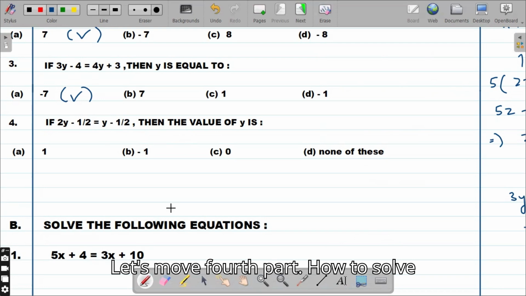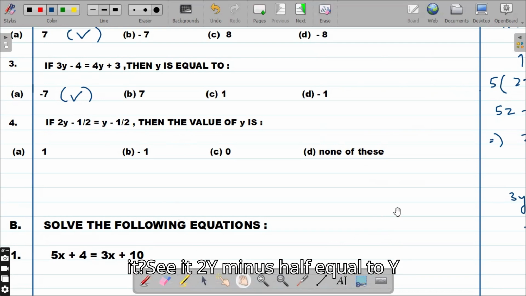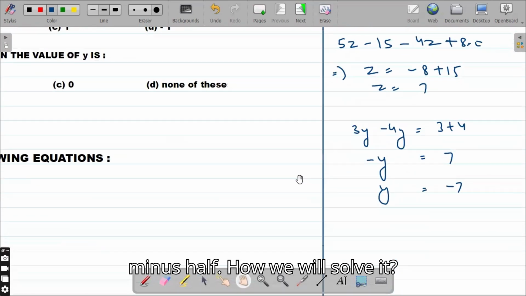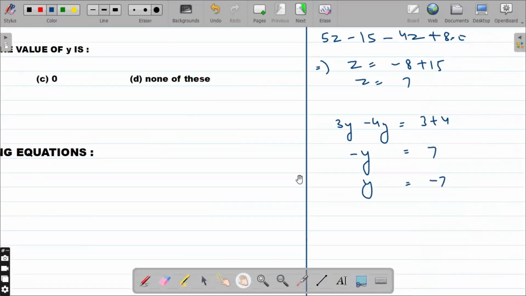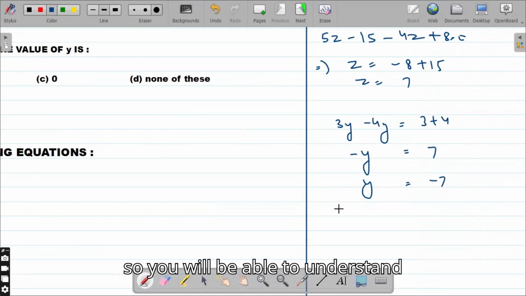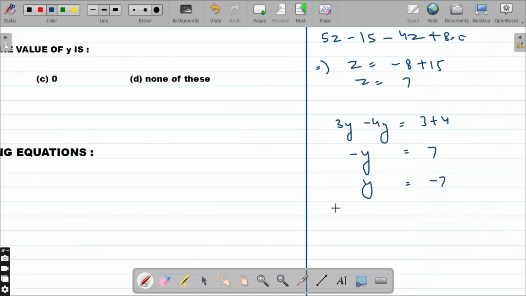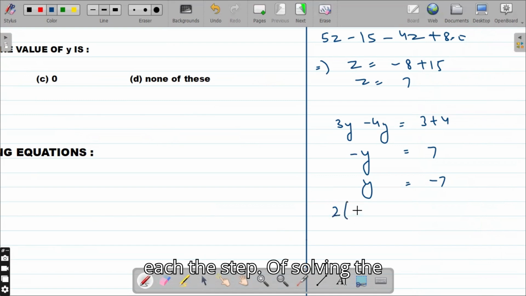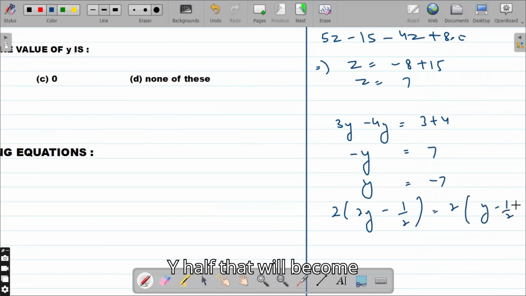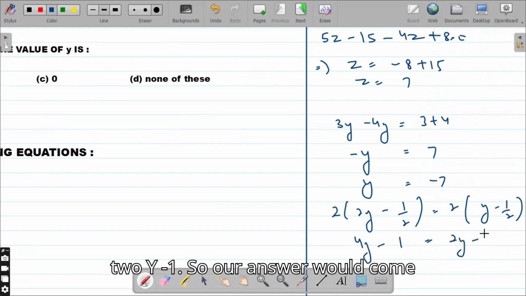Let's move to the fourth part. How to solve it? See it, 2y minus half equal to y minus half. How will we solve it? Please be considerate while solving it, so you will be able to understand each step of solving the equation. Multiplying by 2, that will become 4y minus 1, 2y minus 1.